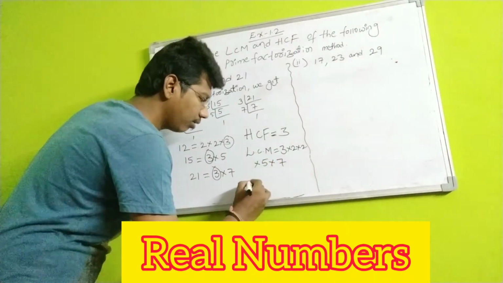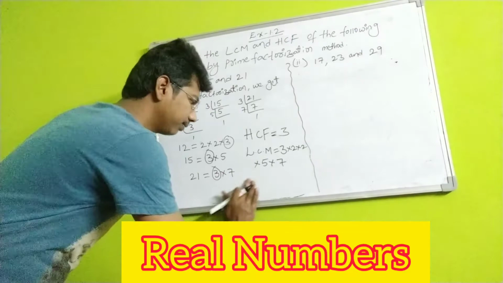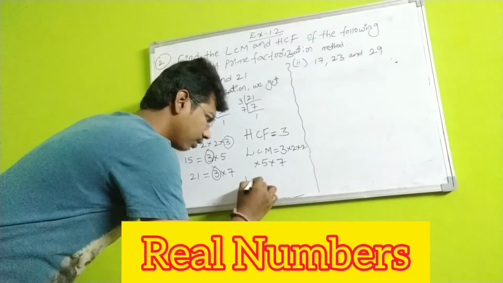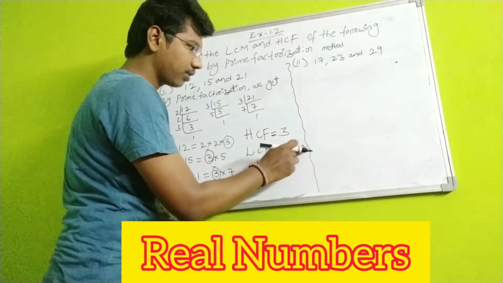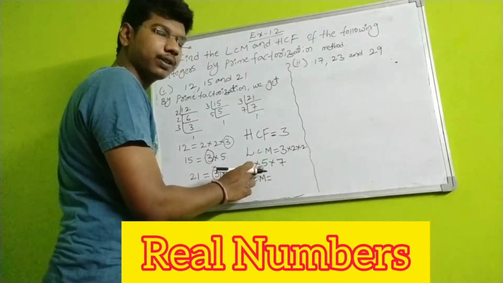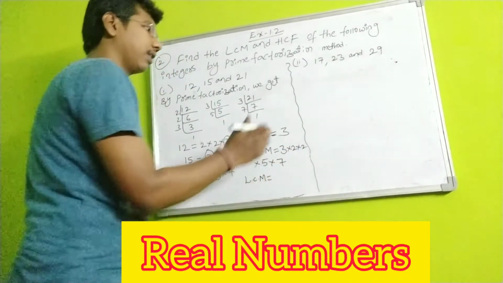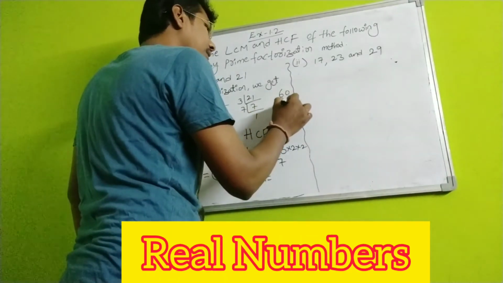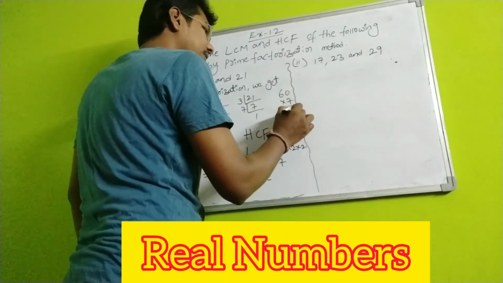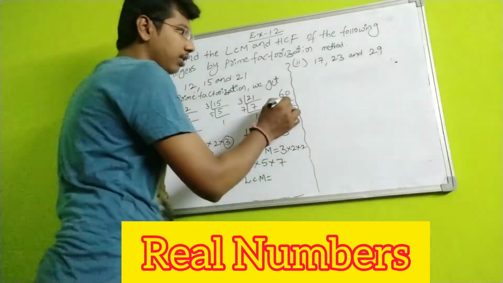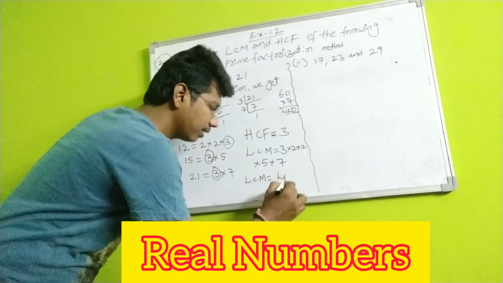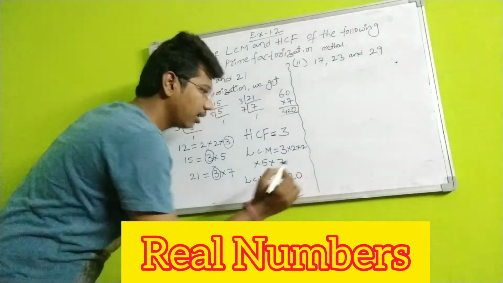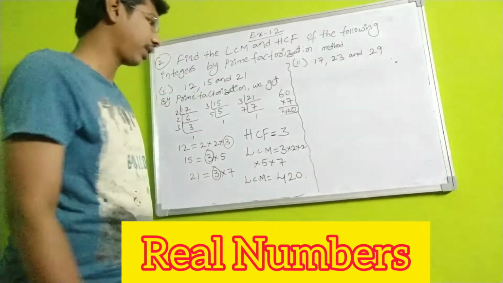Now multiply all these numbers, students. LCM is equal to 3 twos are 6, 6 twos are 12, 12 fives are 60, 60 sevens, multiply, students. 7 into 0 is 0, 7 sixes are 42. The final answer is 420, students. This is finding the LCM. Okay.